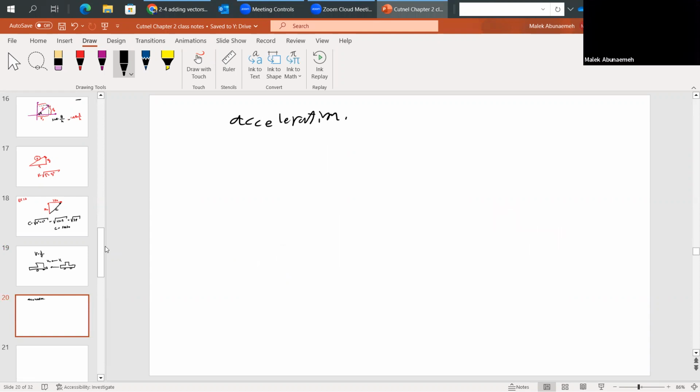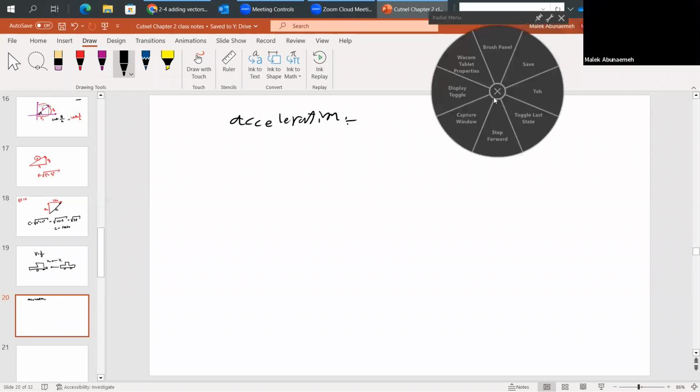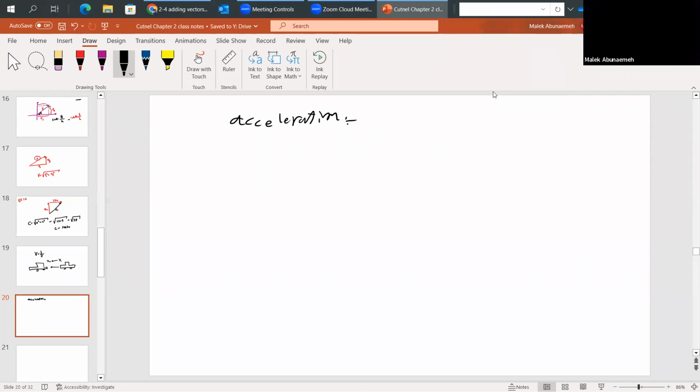Acceleration we can define as a change in the rate of velocity.